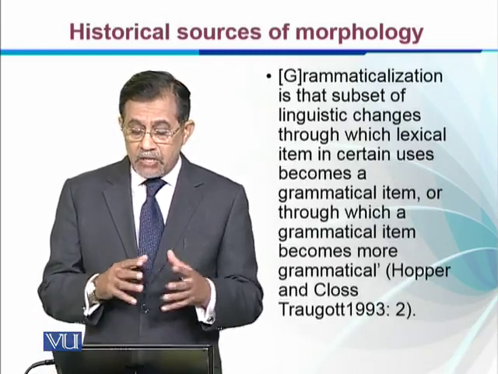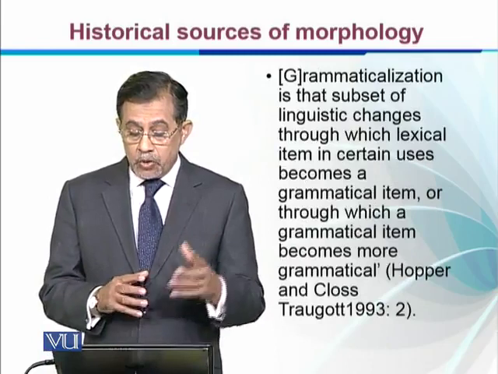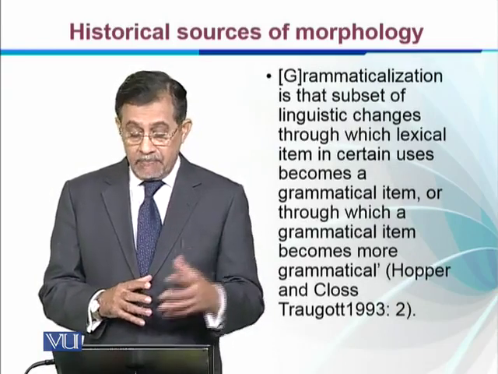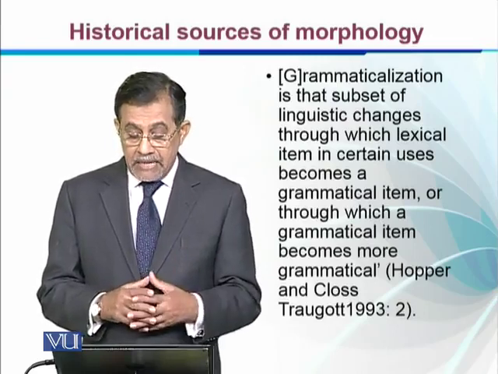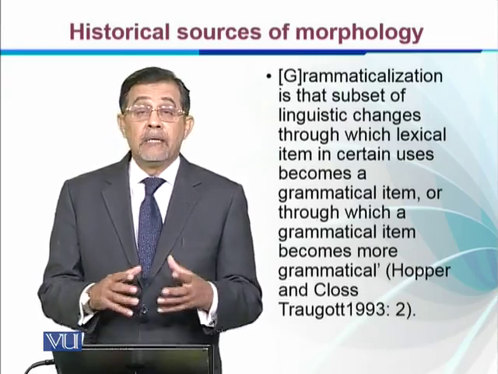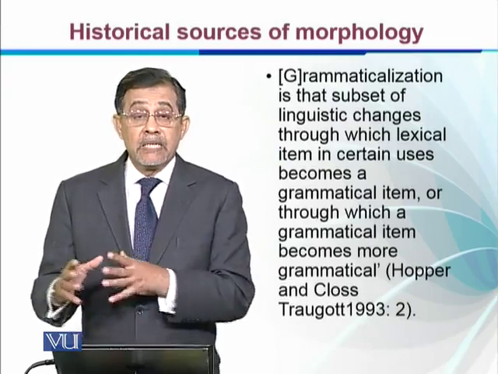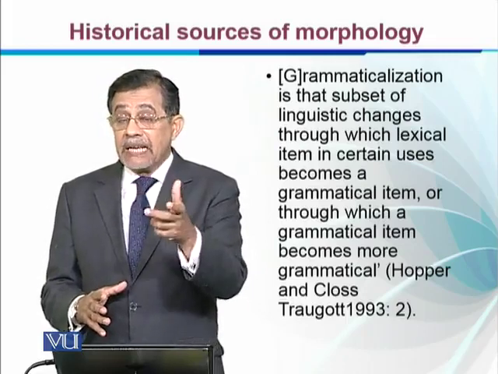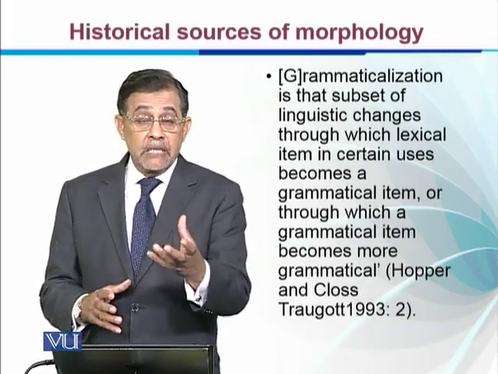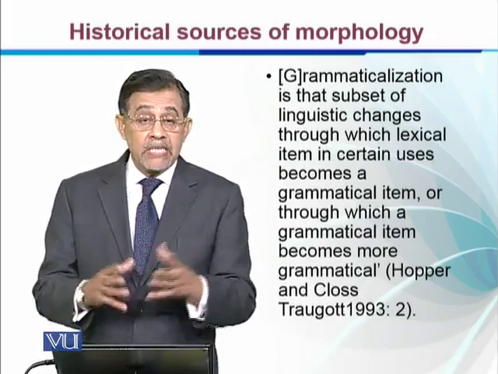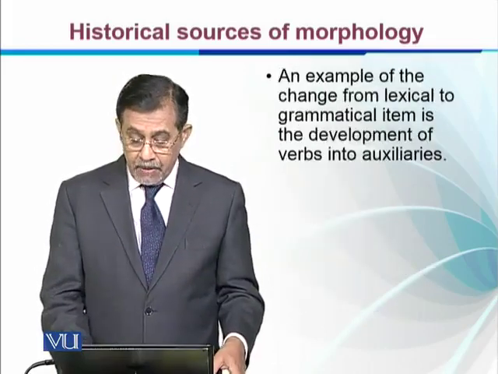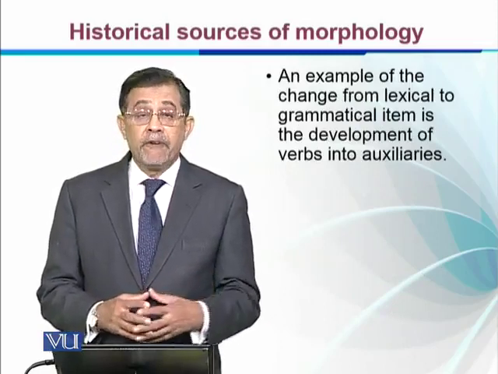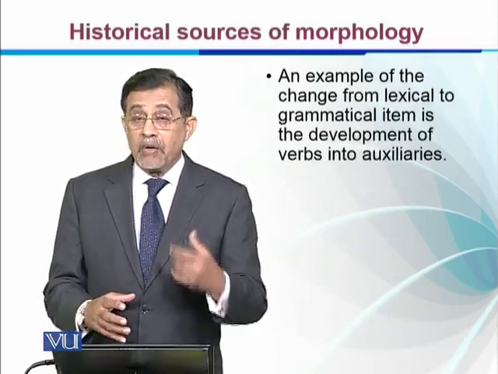Grammaticalization is that subset of linguistic changes through which a lexical item in certain uses becomes a grammatical item, or through which a grammatical item becomes more grammatical, right? An example of the change from lexical to grammatical item is the development of verbs into auxiliaries.